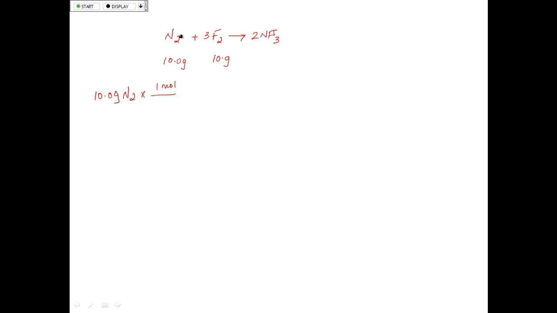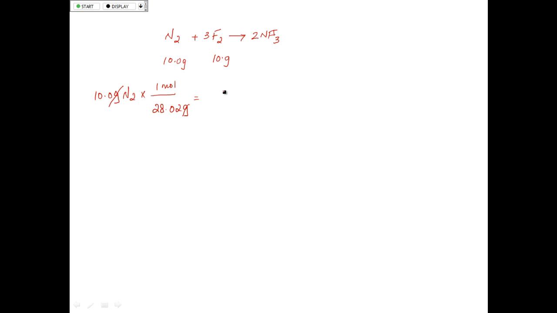Remember here N2 is acting as your reactant, right? So you want the molar mass of N2. So what would be the molar mass of N2? 28.02 grams. So grams and grams go away and you will get the number of moles.